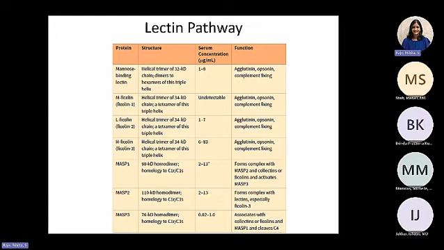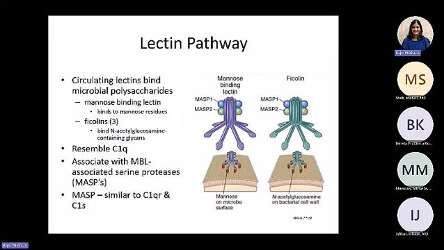It also interacts with proteins like MASP1 and MASP2 that have the serine protease action. Also, there are ficolins that have a similar kind of action. Instead of targeting mannose sugar, they might be targeting another type of sugar, N-acetylglucosamine, sorry. So that's your ficolin.